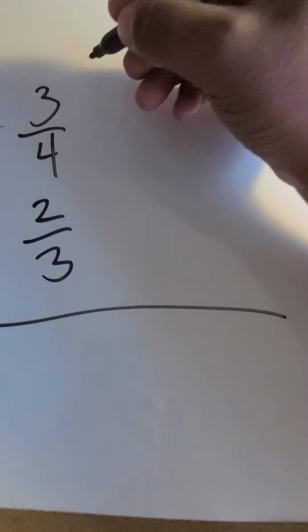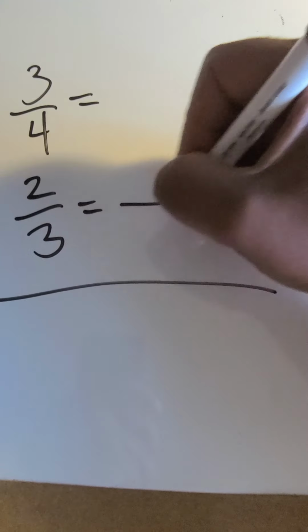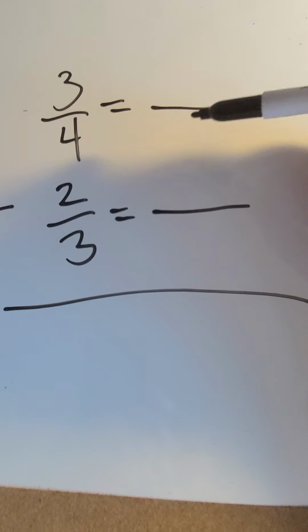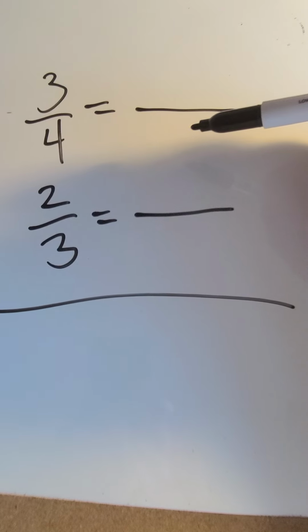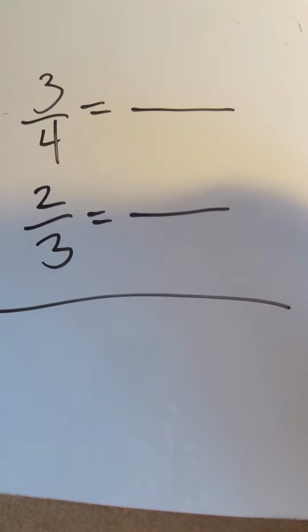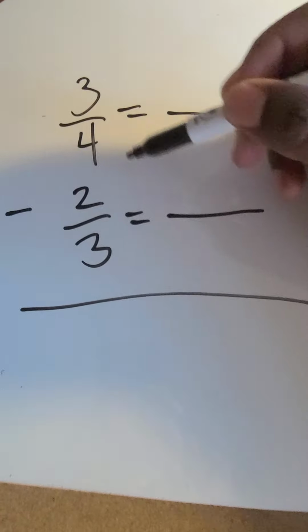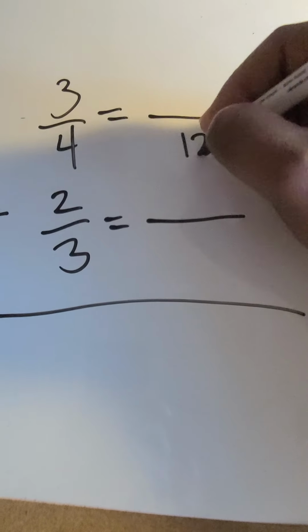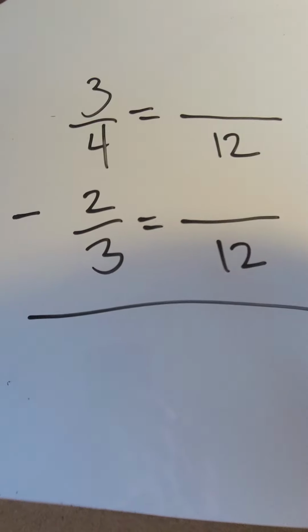Now we're going to do minus 2/3. Okay, and the process is the same. To find the lowest common denominator, we have to find the lowest common multiple for the denominators. And we've already done that step. So we can just put 12 here and 12 here.